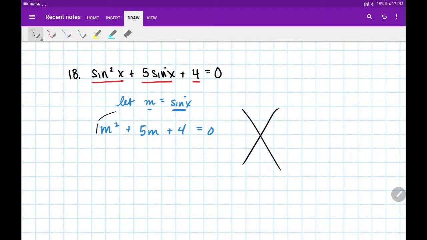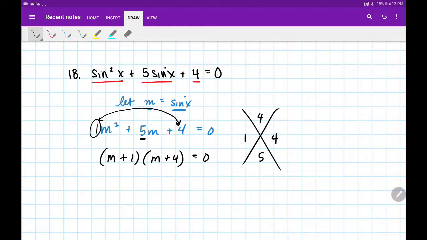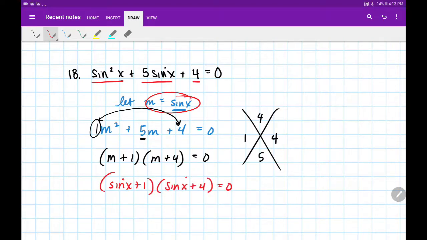I need 2 numbers that multiply to 1 times 4, or 4, and then add up to 5. So the numbers are 1 and 4. Since there's just a 1 in front, we can use our shortcut. Monkey plus 1, monkey plus 4, and we've finished factoring, except we have to replace it in the last step with sine again. So this is really sine x plus 1 times sine x plus 4 equals 0.